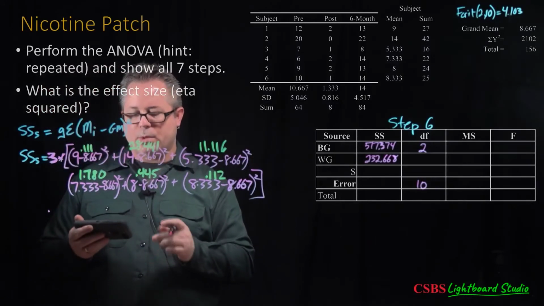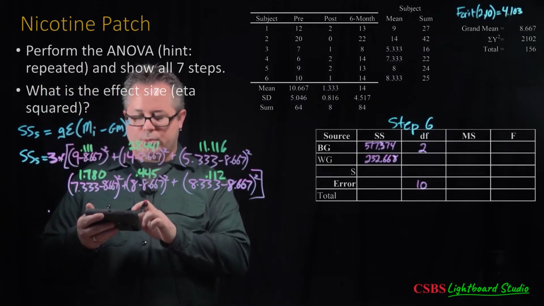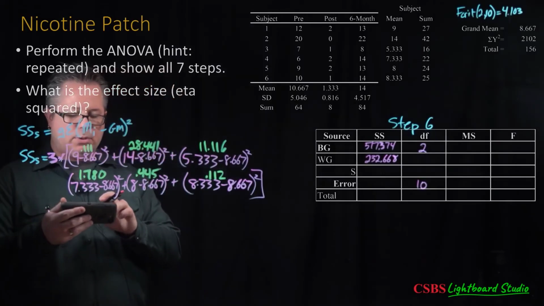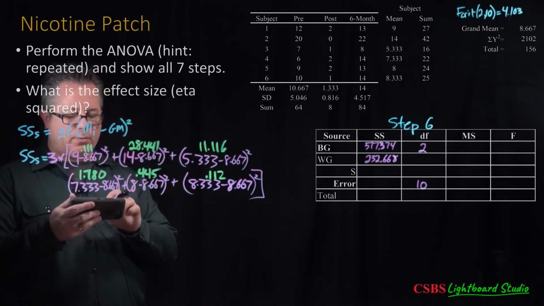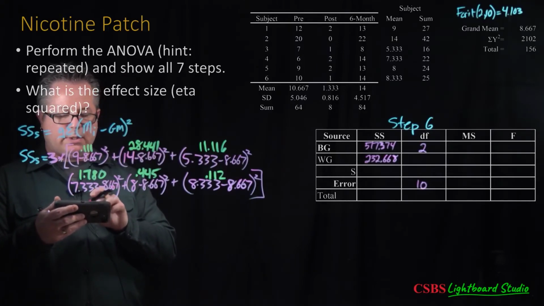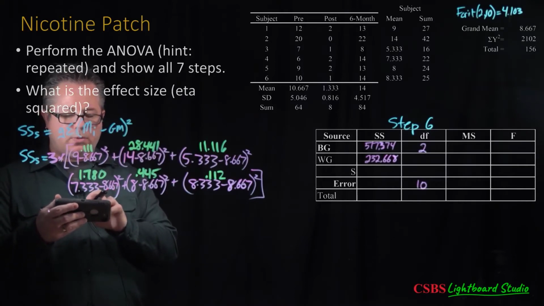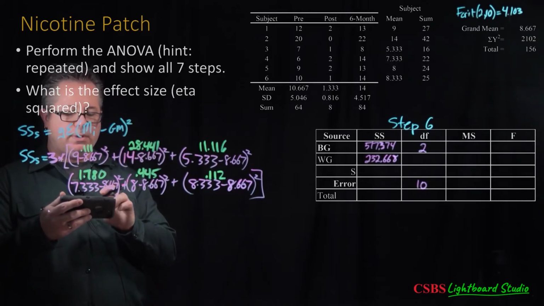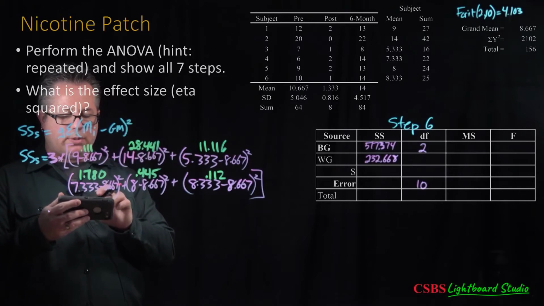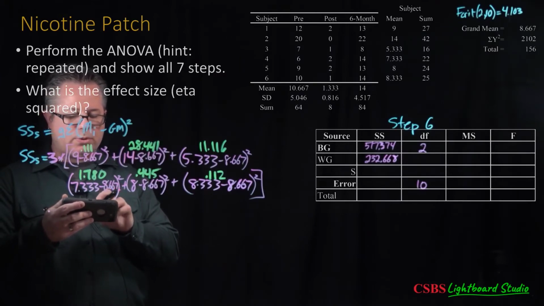Okay, so if I add everything up, 0.111 plus 28.441 plus 11.116 plus 1.78 plus 0.445 plus 0.112 equals.